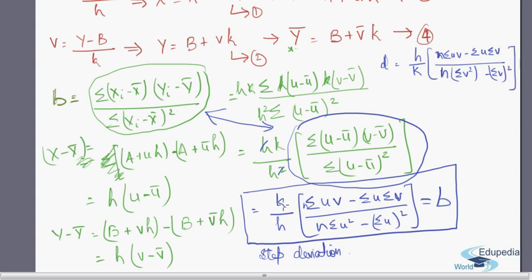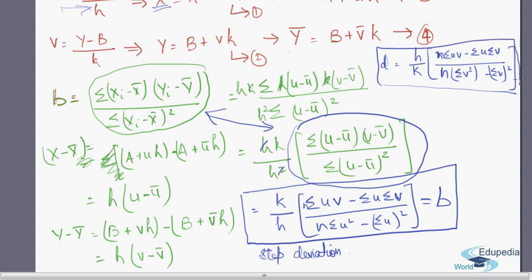Here we have k divided by h, and here we have h divided by k. If you remember, we had taken h as the factor while transforming x. So h is in the denominator in case of b, and k is in the numerator, and it's the reciprocal in case of d. So this is the formula we have.